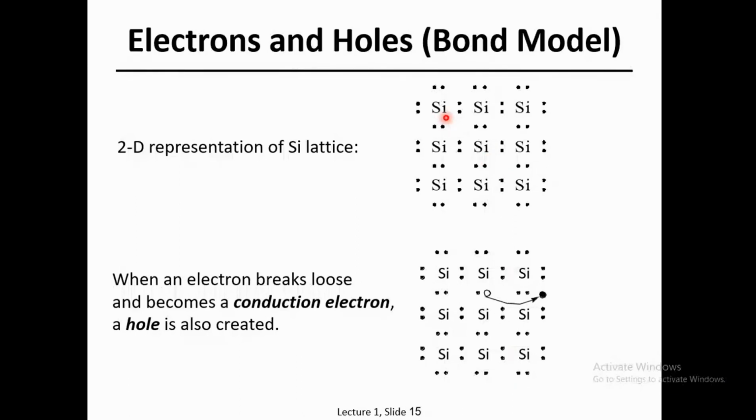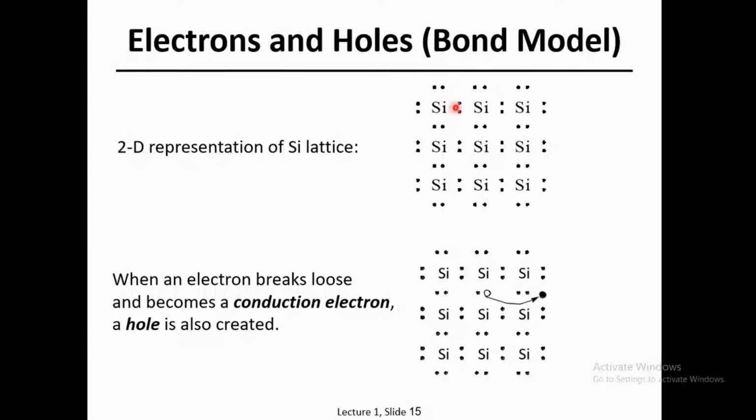As you see, silicon beside another silicon atom beside another silicon atom, and as you notice, these two electrons here, two electrons, two electrons, those are the covalent bond of the sharing electrons between this atom and that atom, between this atom and the neighboring atom from here, or the neighboring atom from above.